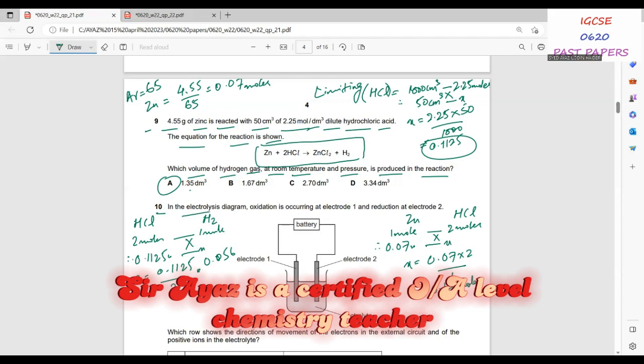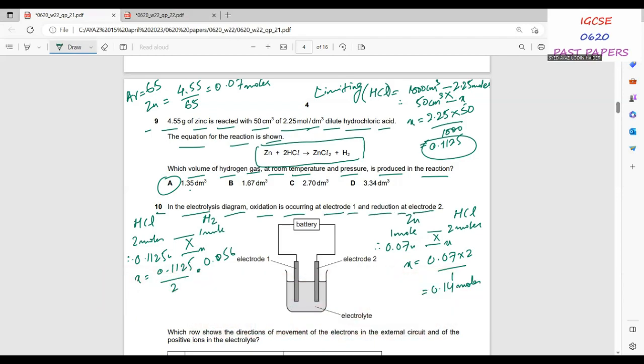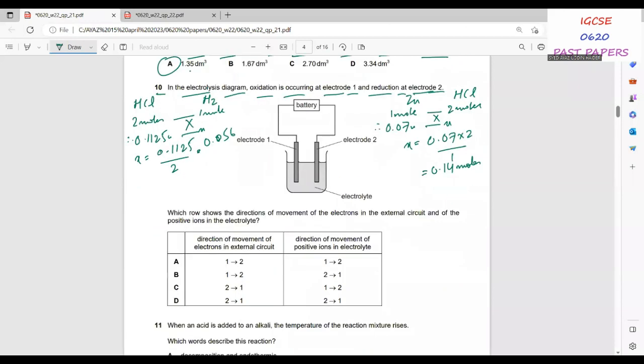Number 10. In the electrolysis diagram, oxidation is occurring at electrode 1 and reduction at electrode 2. So electrode 2 is the cathode and electrode 1 is the anode.